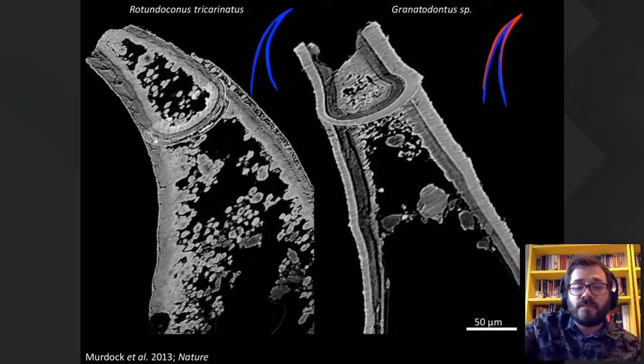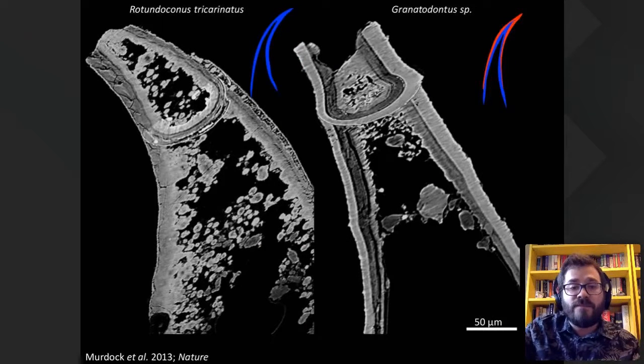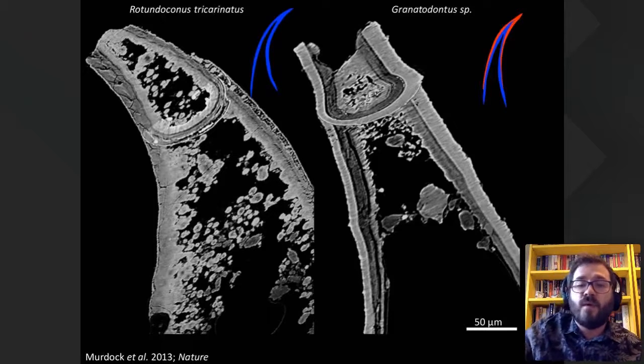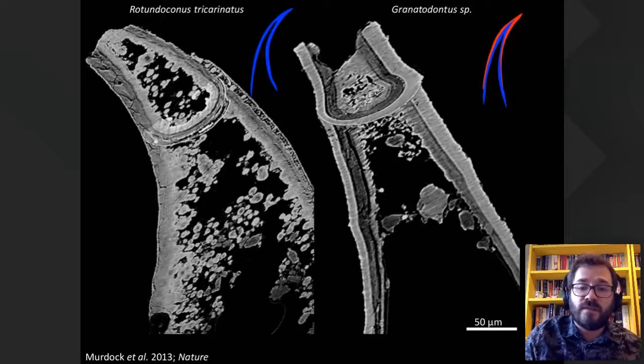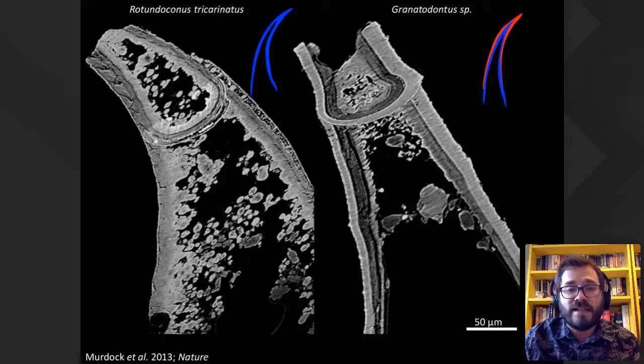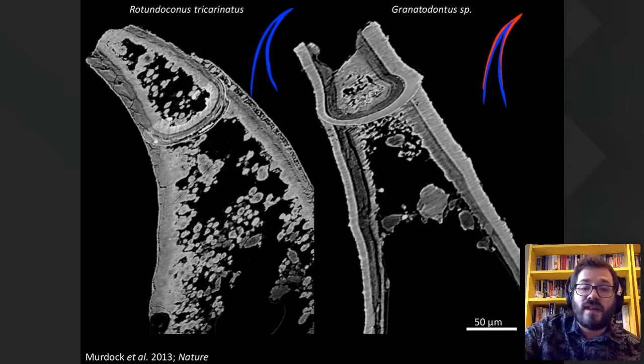And also in some paraconodonts, we see this so-called spheritic microtexture of these little ball shapes of phosphate that we also see in euconodonts. So here is another comparison between a paraconodont in blue and a euconodont in blue and red that are indistinguishable if you strip off the euconodont crown.